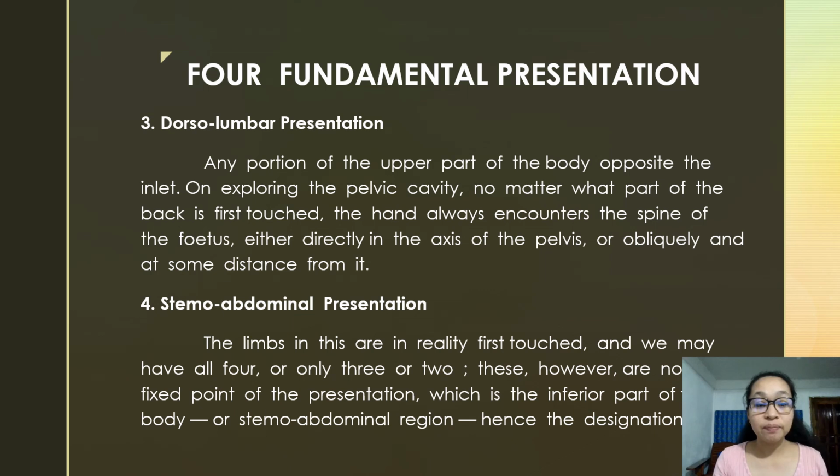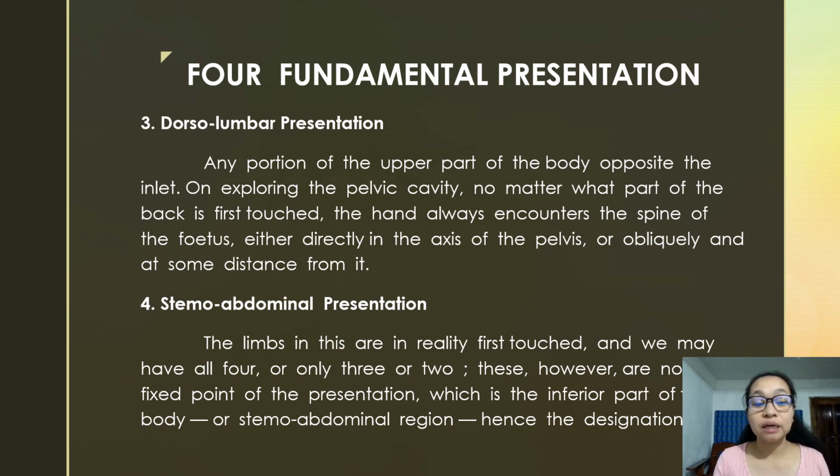Number three, the dorsolumbar presentation, is at any portion of the upper part of the body opposite the inlet. On exploring the pelvic cavity, no matter what part of the back is first touched, the hand always encounters the spine of the fetus, either directly in the axis of the pelvis or obliquely and at some distance from it.